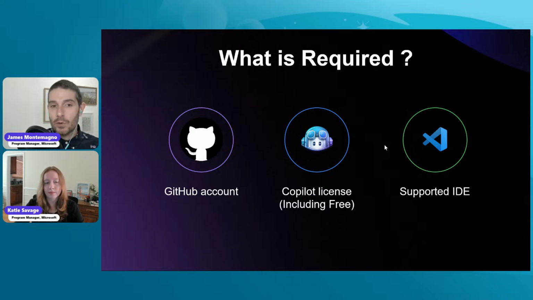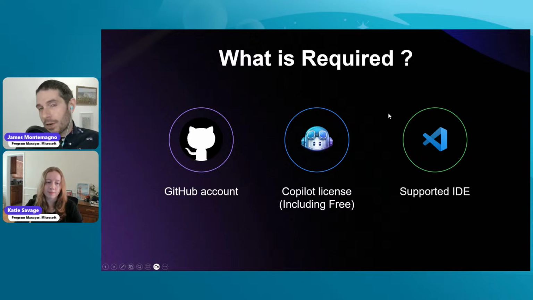Neovim, it also works obviously in a lot of other places, like in the terminal as well, Windows Terminal, which is really cool too. So that is basically, if you're looking to get started, you'll need, today, you only need the first two. You'll need a GitHub account and a Copilot license, because we're going to use GitHub Codespaces to do the demos. Of course, if you want to clone the repo and do stuff locally, that's also fine too.